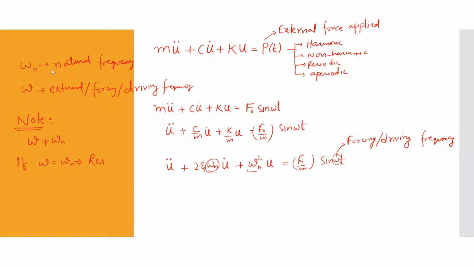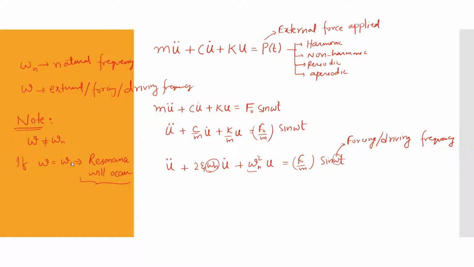Resonance will occur. Theoretically we say if there is no damping, then infinite amplitude will take place. But due to damping, the amplitude is reduced, and it is only some finite value.